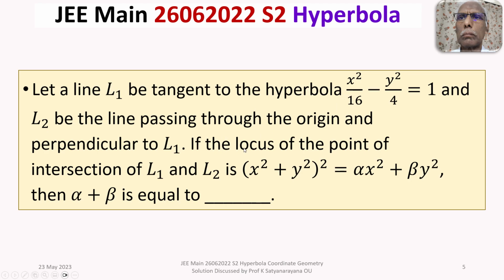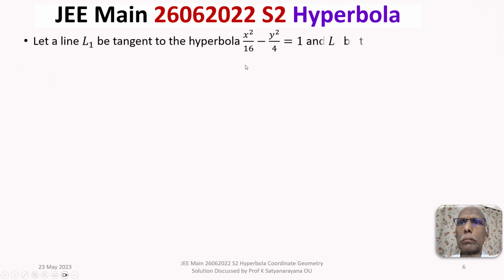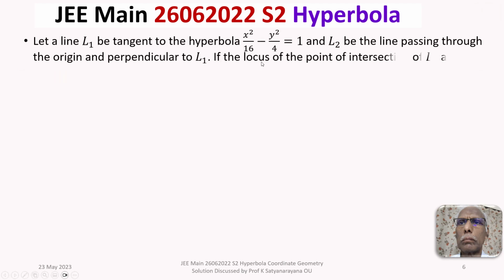If the locus of the point of intersection of the tangent L1 and L2 is (x square plus y square) whole square is equal to alpha x square plus beta y square, we are required to find the value of alpha plus beta. That is the given question to us.